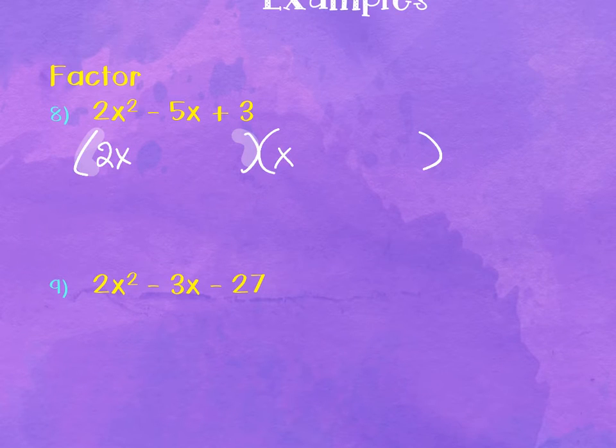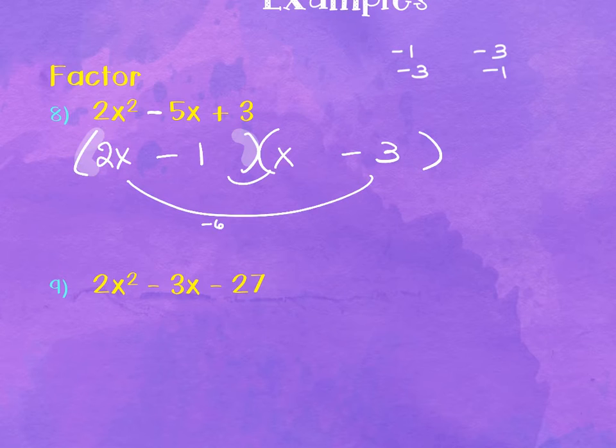And then 3, notice this is negative, so it has to be negative, is going to be negative 1 and negative 3, or negative 3 and negative 1. So I could do negative 1, negative 3, outer and inner, gives me negative 6x minus 1x. That's negative 7x. That doesn't work.